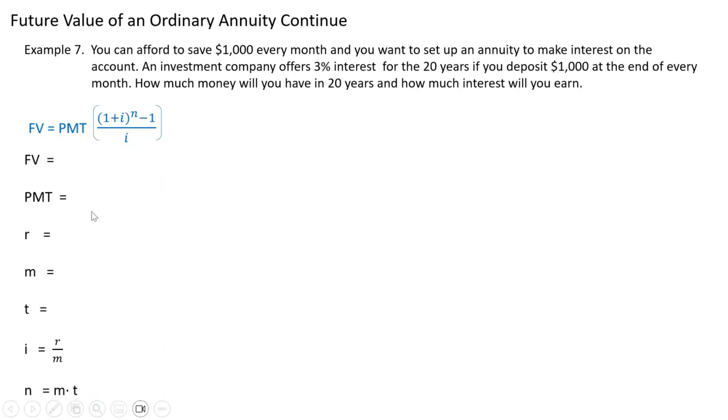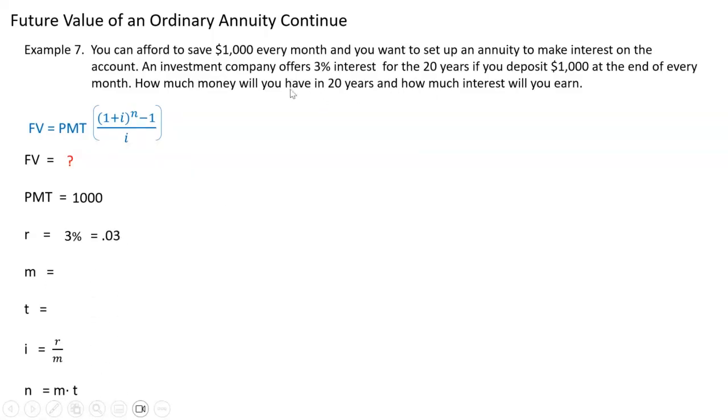Okay, this is my formula. Those are 7 things. So we're looking for how much money we have in 20 years, so we're looking for the future value. Your payments are going to be $1,000 every month. They offer you 3% interest, which will be 0.03.